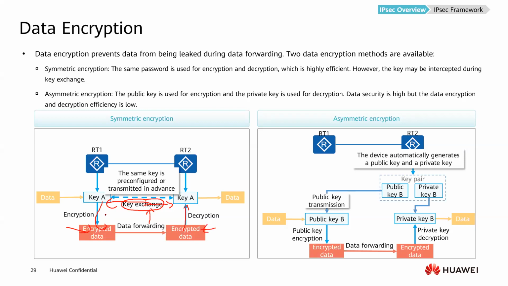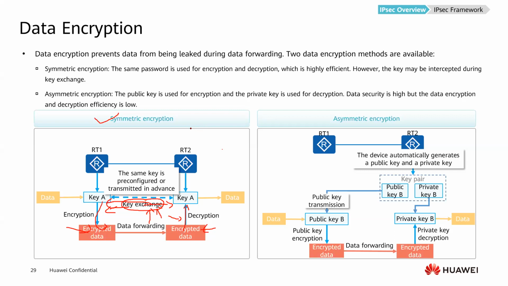I can encrypt it, I can decrypt it, because the hacker has the key. So this is a problem for symmetric. Symmetric encryption is very efficient, but there's not a very secure way to exchange the key. This key will be used to encrypt and decrypt.